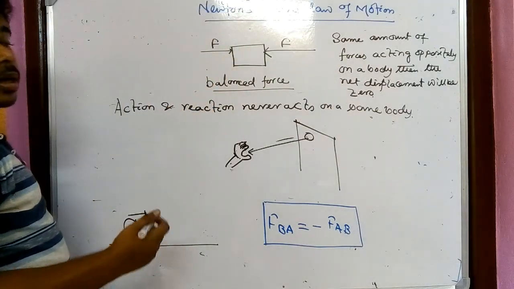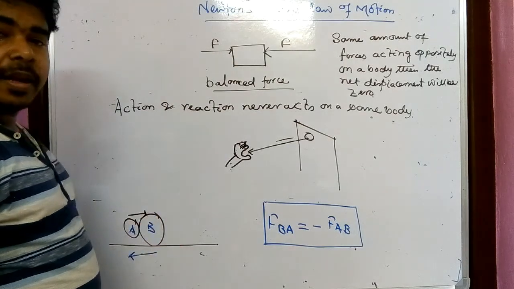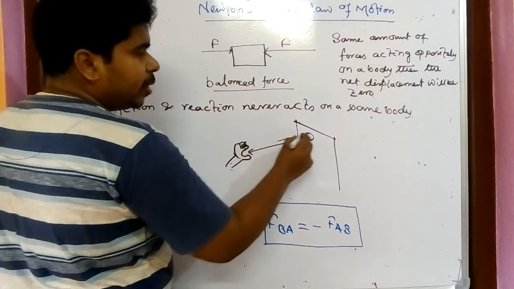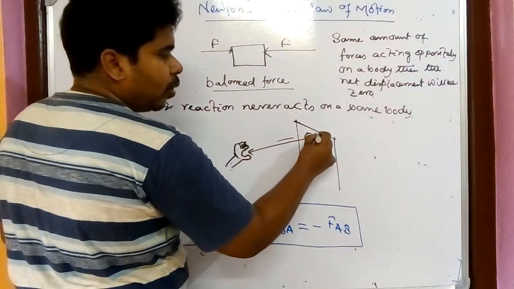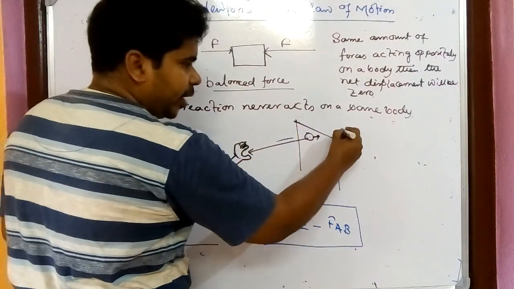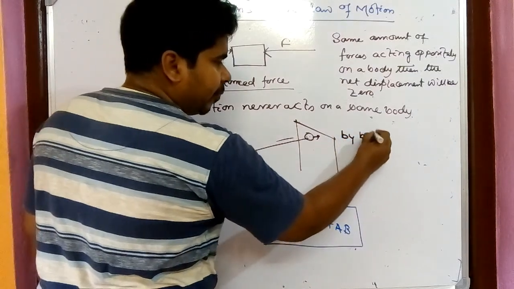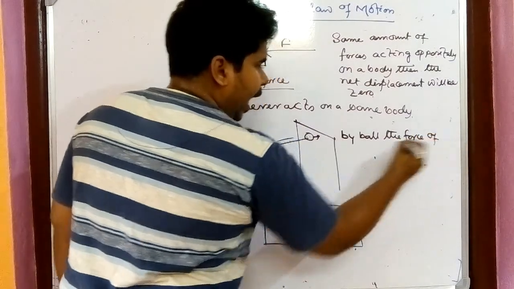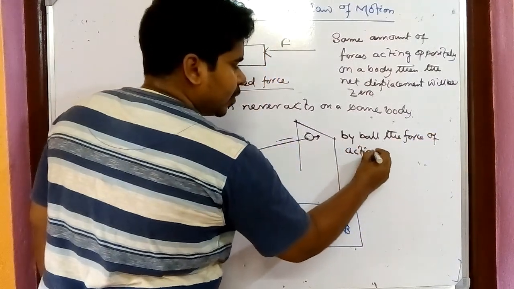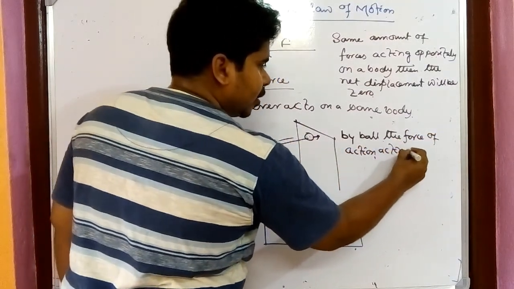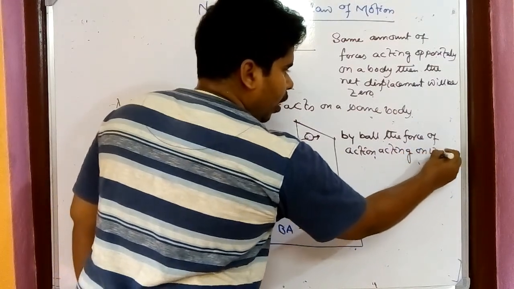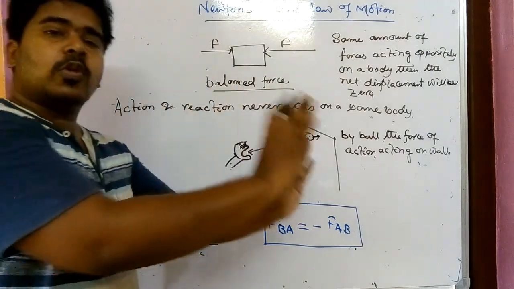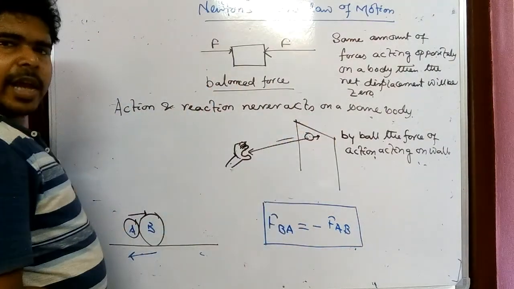So where are the action and reaction applying? Whenever I throw the ball, by the ball I am applying force on the wall. So we can write here, by the ball the force of action is acting on the wall. And since you are applying a force on the wall, the wall will give a reaction.